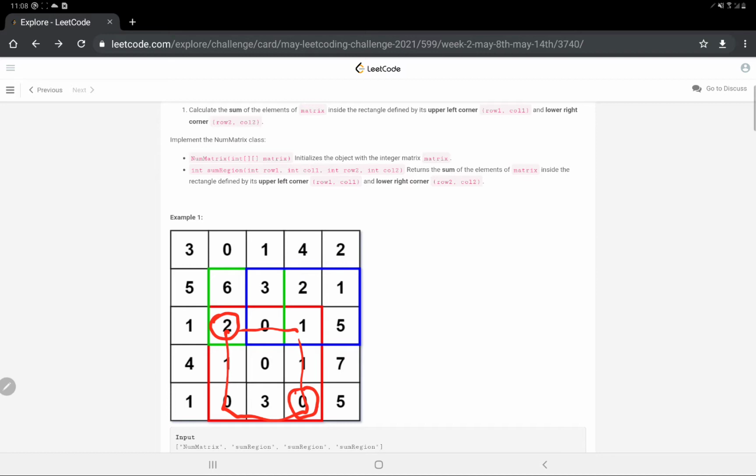And multiple queries means that a number of queries will be made. Basically we have to implement the matrix class and the sumRegion method. In it we will be given these two coordinates and we have to return the sum of the matrix that is formed. The upper left corner is this and the lower right corner is this. I hope the statement is clear to everyone.